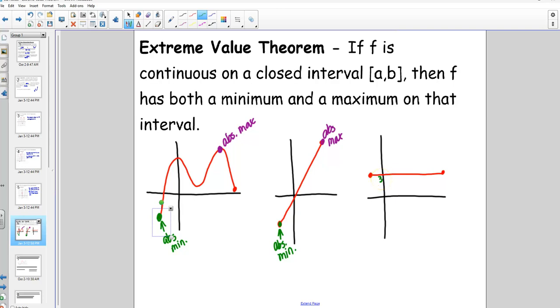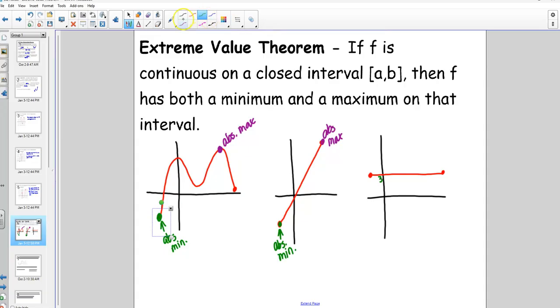All right, what is the absolute minimum of that graph? Every single point. 3 is the absolute minimum. So it is the maximum and the minimum at the same time, because it's just the same always, which feels wrong, but it's true, right?